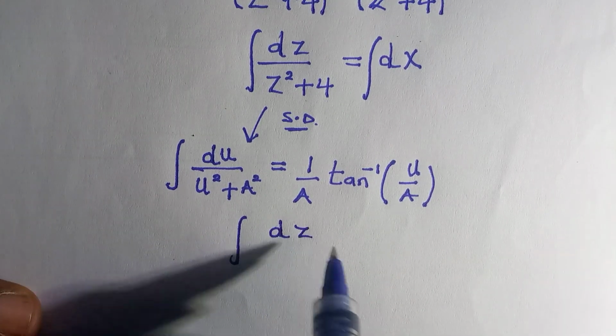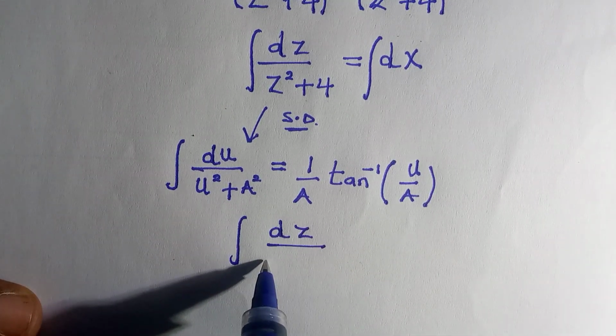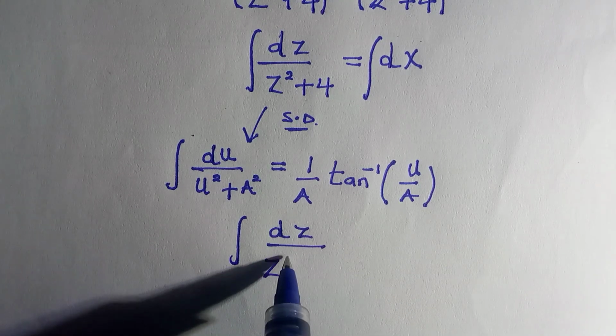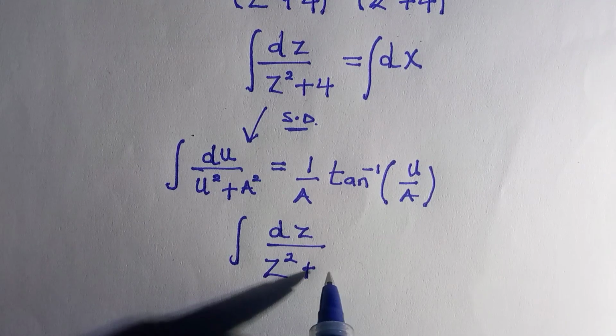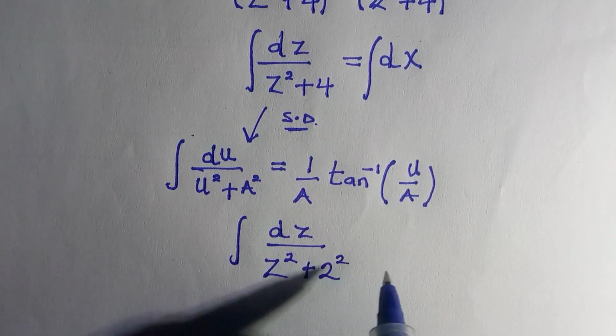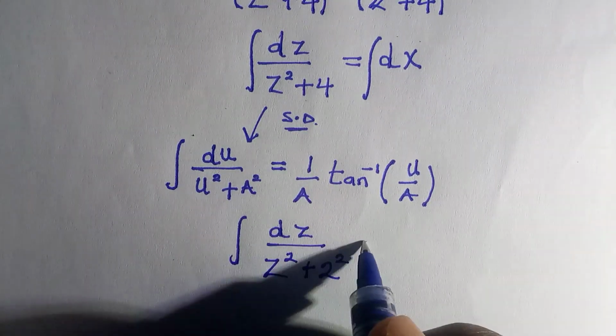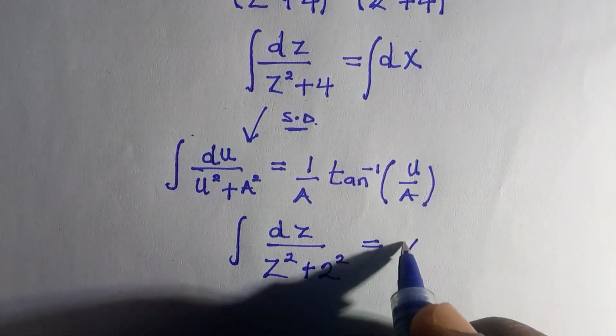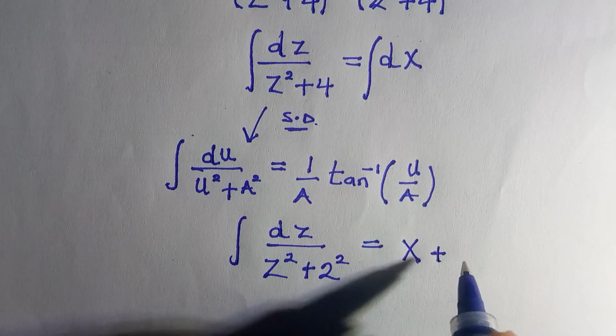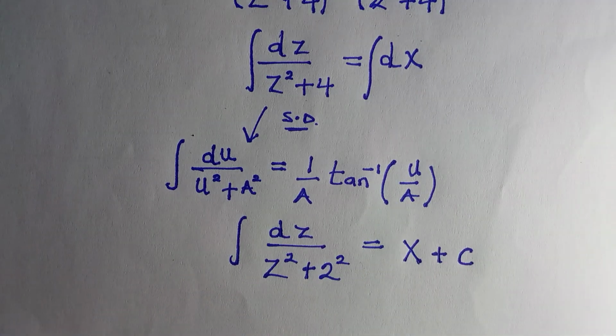So here we have dz divided by z squared plus, if this 4 I write as 2 squared just to look like the standard one. If you integrate dx, we are going to have x plus the constant of integration.